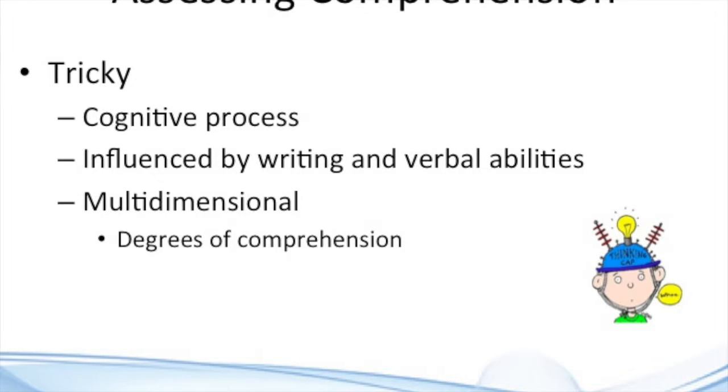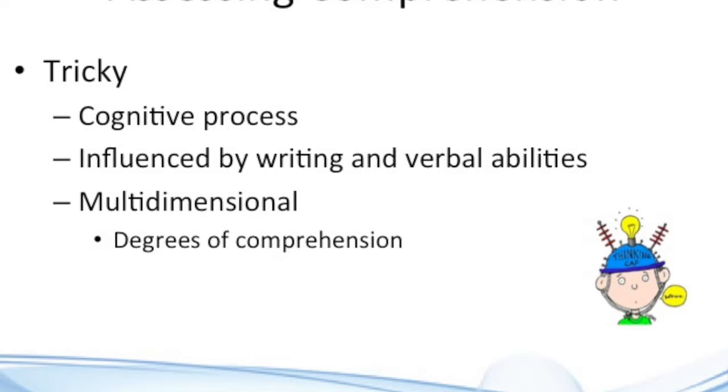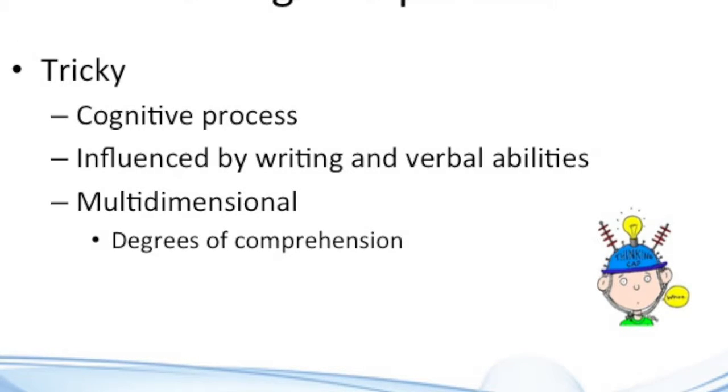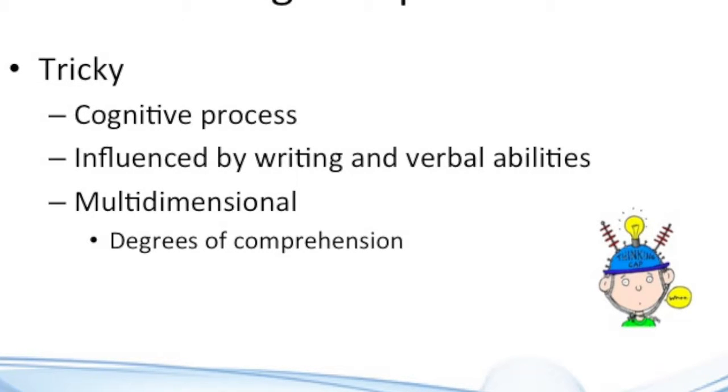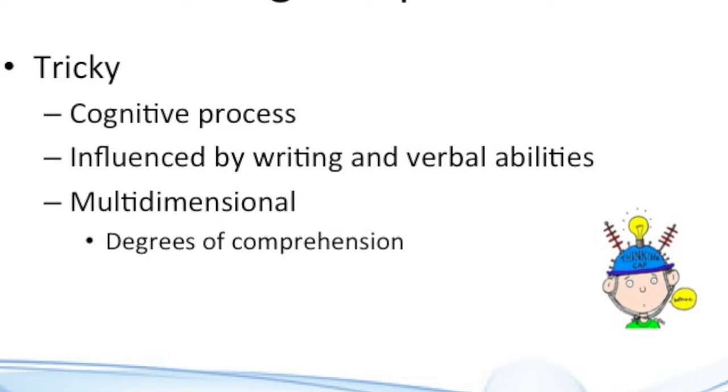If we ask students to write down information about what they read, then that writing is another piece of the puzzle. Is it that they didn't understand or they didn't comprehend what they read, or did they not have the writing ability to explain their thinking? So there are lots of things that go into this, which is why it can be so difficult to assess comprehension.